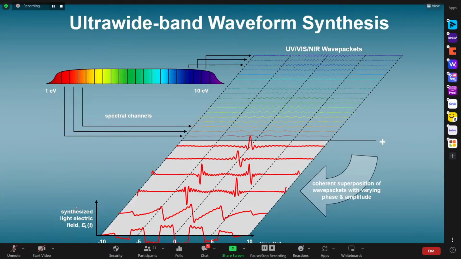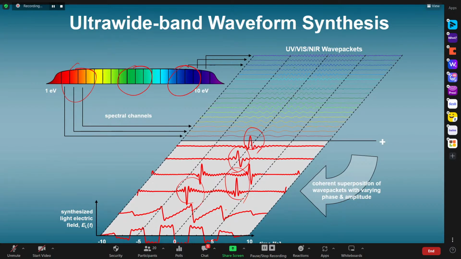Then people use waveform synthesis to introduce phases between the spectral components so that we can make a single-cycle pulse, and you can also make a double pulse with opposite phase and so on.